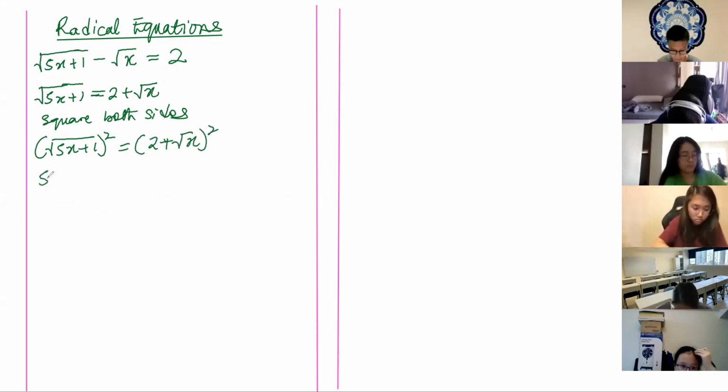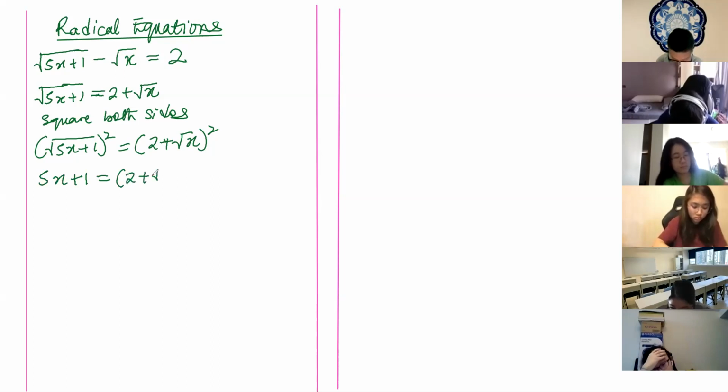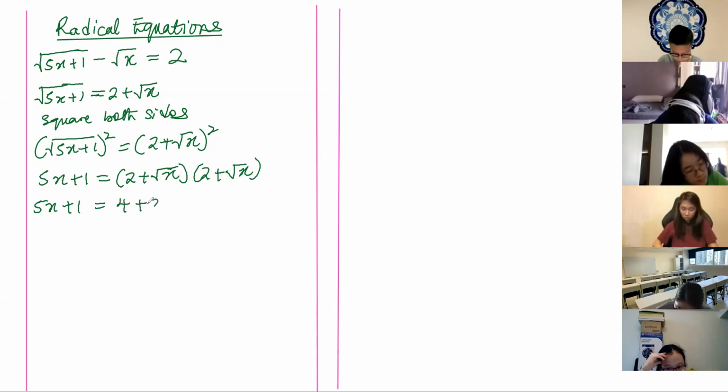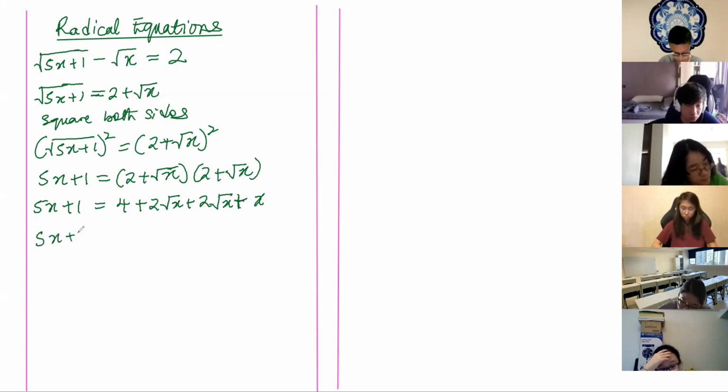Of course, this is easy. That's 5x plus 1 by the properties of surds. The other one, 2 plus root x, needs to be duplicated. So this is 5x plus 1. Now this is 4, 2 root x, 2 root x, and this is x. All right? So this is 5x plus 1.